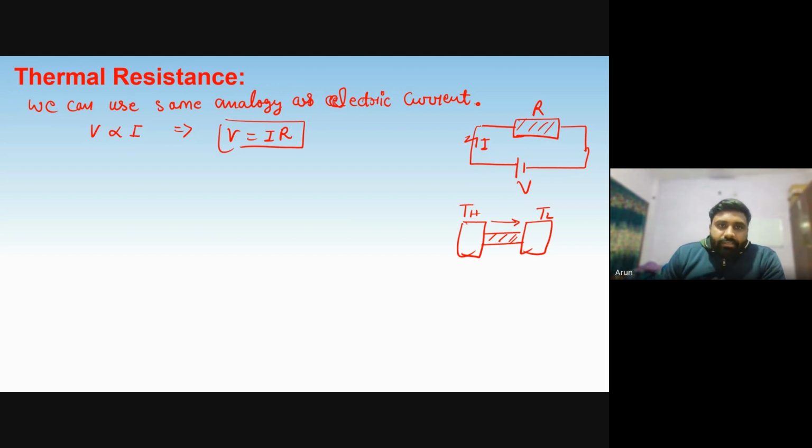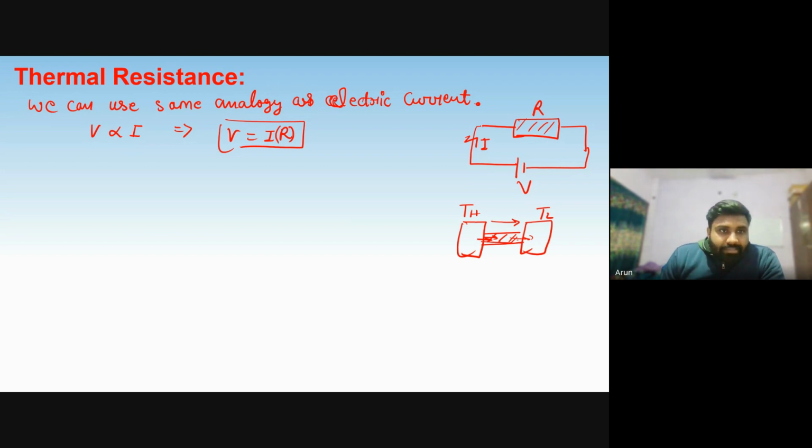Got it? So there must be a resistance offered by this particular thing that is transferring the heat, allowing the heat transfer through it. This rod allows itself to absorb heat and transfer it to another system, so there must be some resistance offered by this. So what is that?